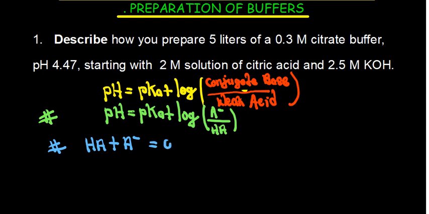So I'm having a concentration of 0.3 molar right there. What else have I been given? The conjugate base plus the acid has a volume of 5 liters. So for both that and that, we have a volume of what? Of 5 liters.